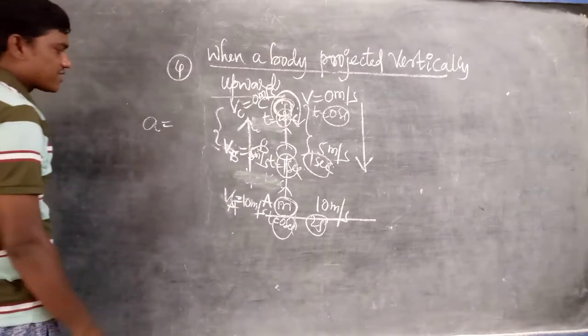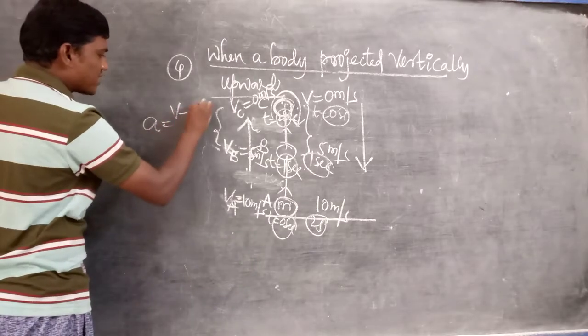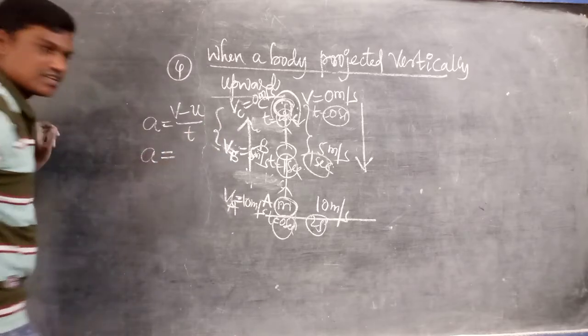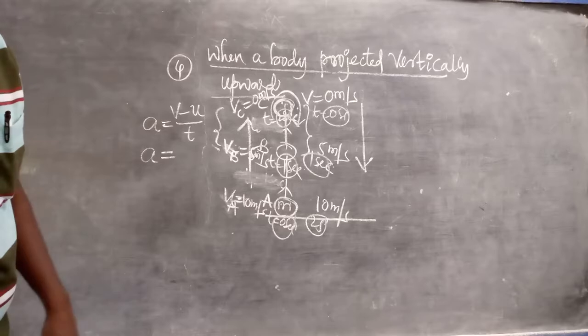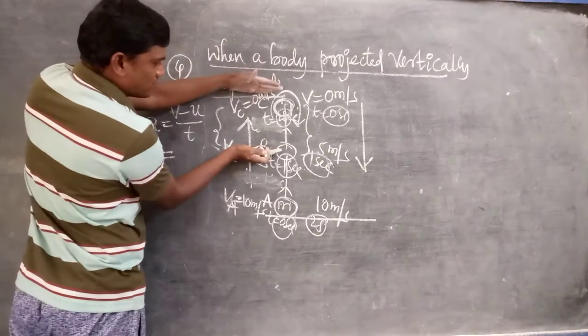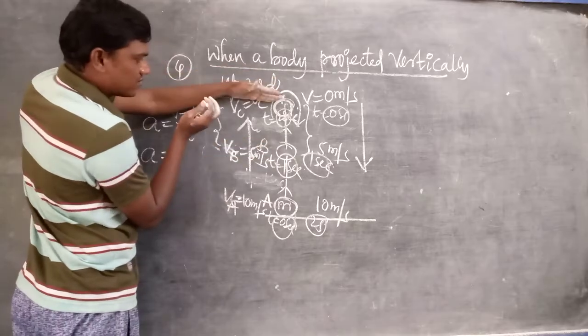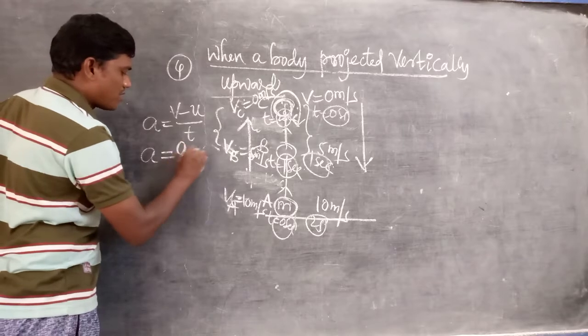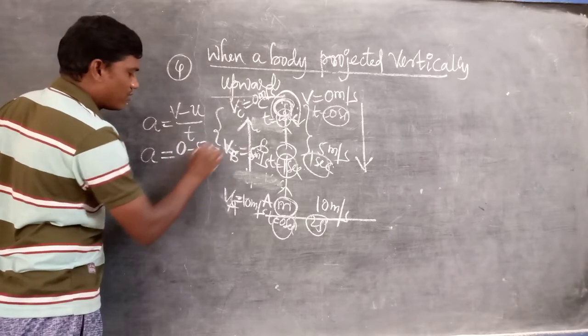Then what can we write here? a is equal to (v minus u) by t. That is the formula. What is the v value among these two? It is the initial, it is the final. So you are observing that 0 minus u is 5 on t.